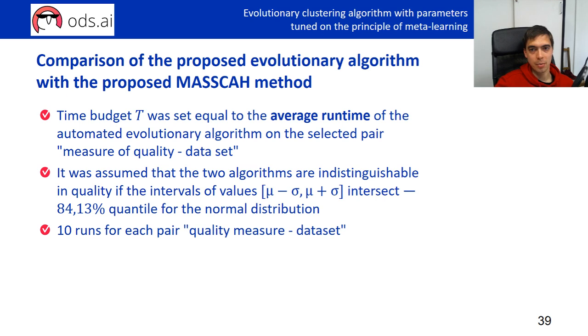Also, we made a comparison with an algorithm based on the method of automatic selection and tuning of the heuristic clustering algorithm that we earlier mentioned. It's called Mascar. So we performed 10 runs of both algorithms on all the pairs of quality measure and dataset. The algorithms were compared using the normal distribution quantile.